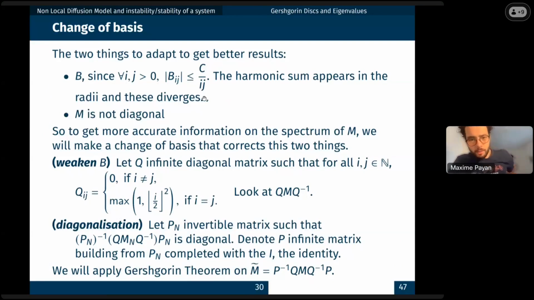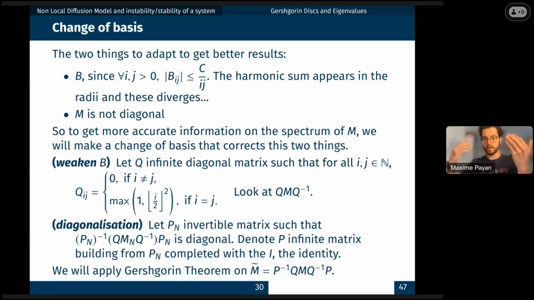Yes, the problem we saw was that the operator B was not good, and there is this harmonic sum that appears. We didn't want to change the diagonal because it was good for us to get this minus i squared.